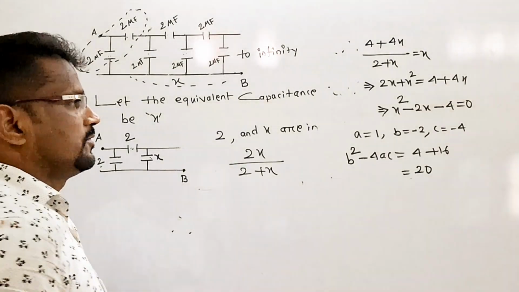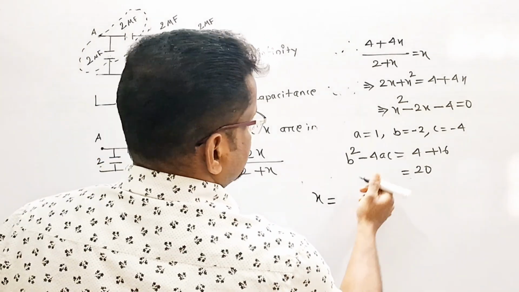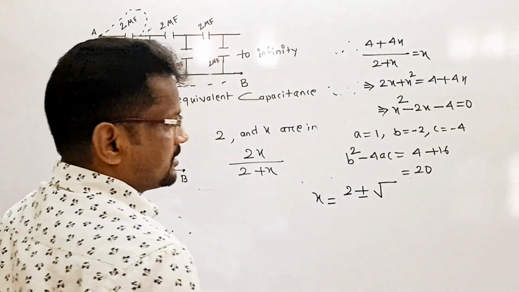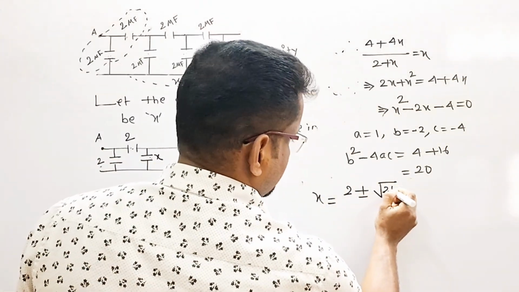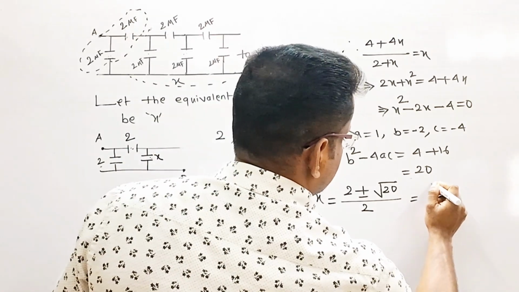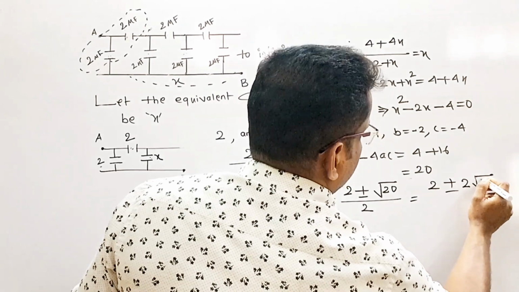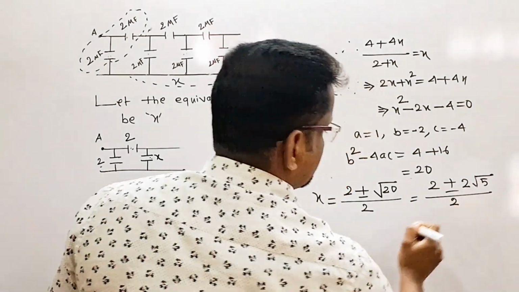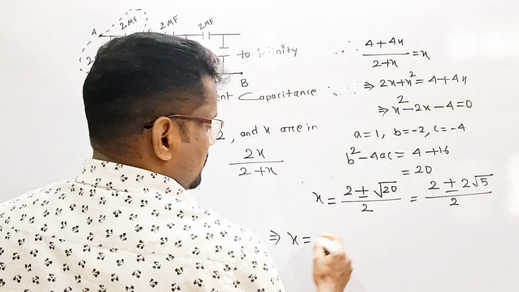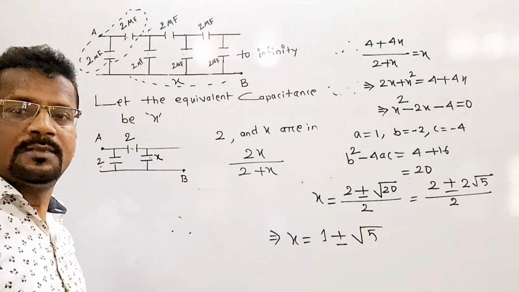Now use the quadratic formula to get the solution of X. So X is equal to minus B, that is plus 2, plus minus the square root of B squared minus 4AC, which you have calculated as 20, divided by twice A, this is 2. That equals 2 plus minus root of 4 into 5, so taking out 2, twice root 5 by 2. Then finally, X equals 1 plus minus root 5.